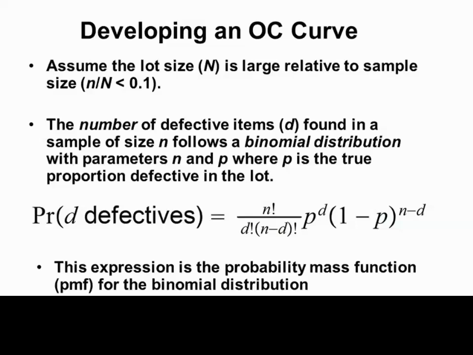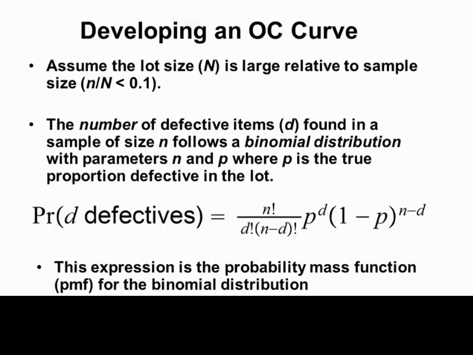If this is true, then we can use what's called the binomial distribution to model the number of defective items that we are expected to find in a sample size of n. This distribution has 2 parameters: the sample size n, and the true proportion defective, which is p.